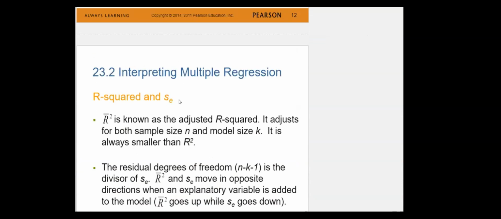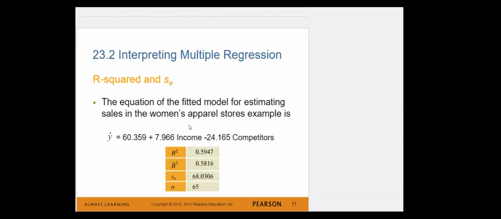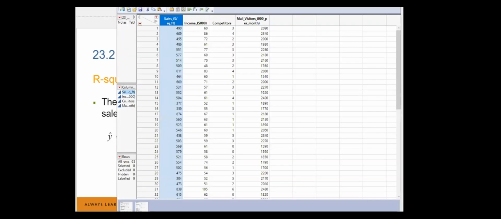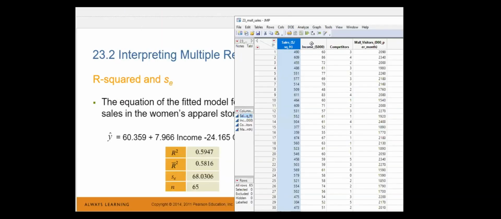So we have a formula here. The question is, if I plug in the same values that we have in here, if I use exactly the same values, same income and same competitors, into this formula, do I get these numbers? Do I get the same response?